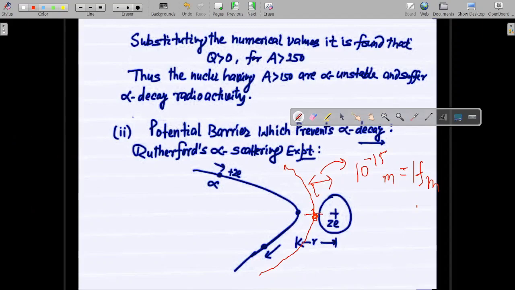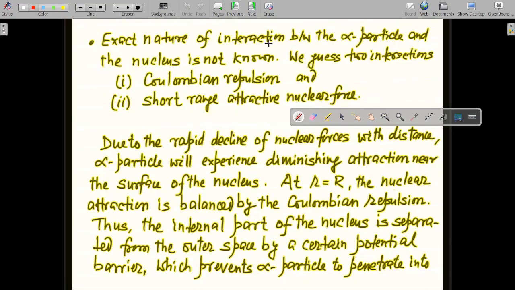If the alpha particle moves away from the center of the nucleus, it will experience a low attractive force, a low nuclear attraction. So due to the rapid decline of nuclear forces with distance, the alpha particle will experience diminishing attraction near the surface of the nucleus.